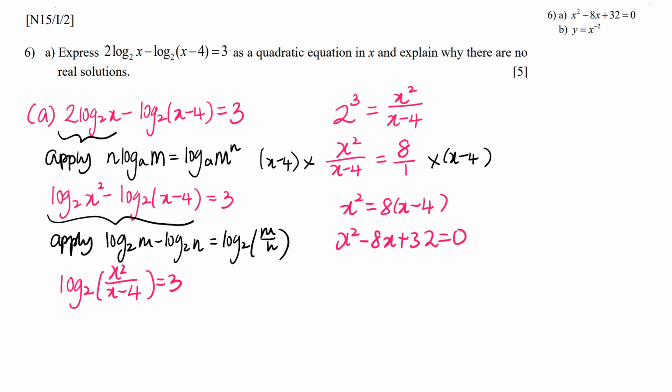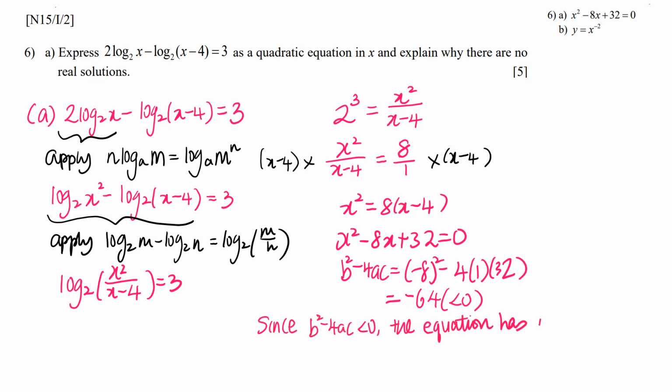We can use b squared minus 4ac to verify whether there are any real solutions or not. So let's find the value of b squared minus 4ac, and we get negative 64, which is less than 0. So therefore the equation has no real roots, so no real solutions.